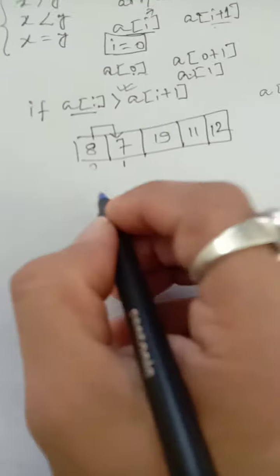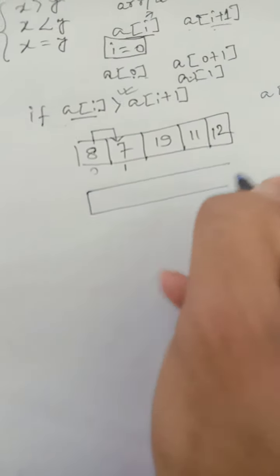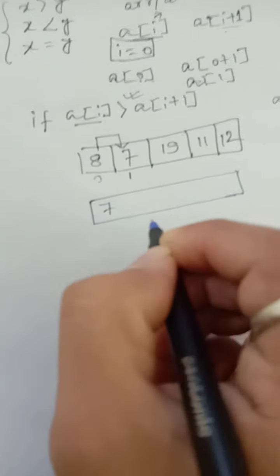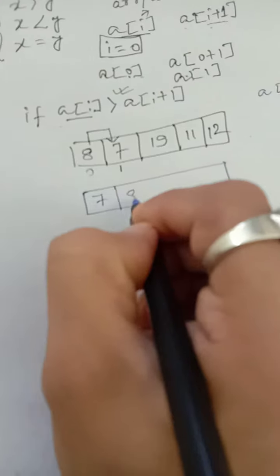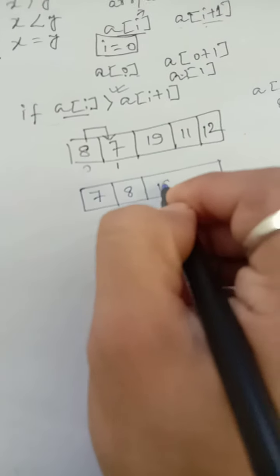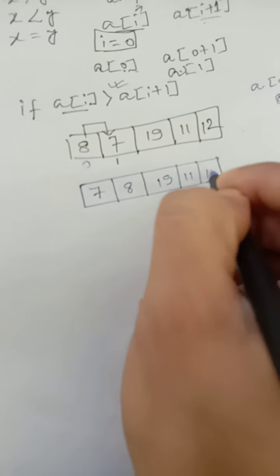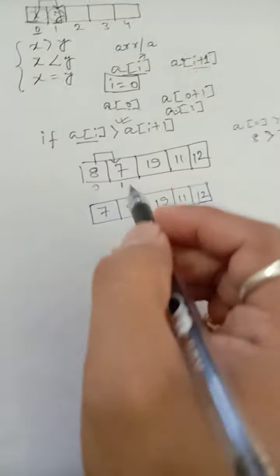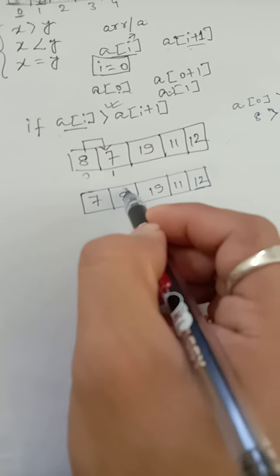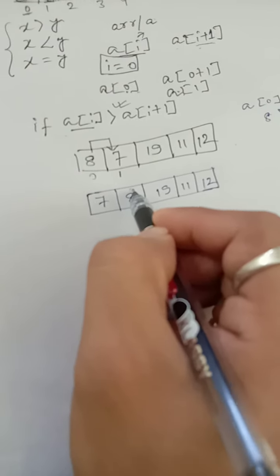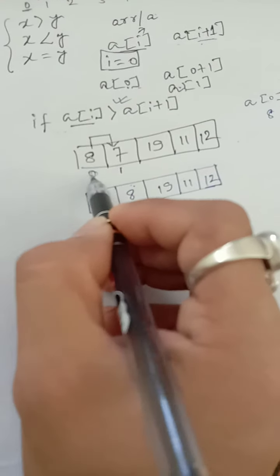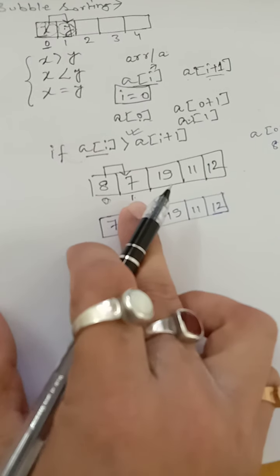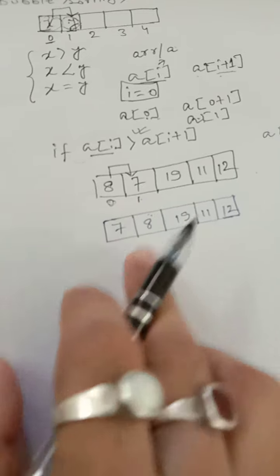That means 7 will be placed over here, followed by 8 and 19, 11 and 12. That means we have already successfully exchanged or swapped the value of the first and its succeeding element, right?